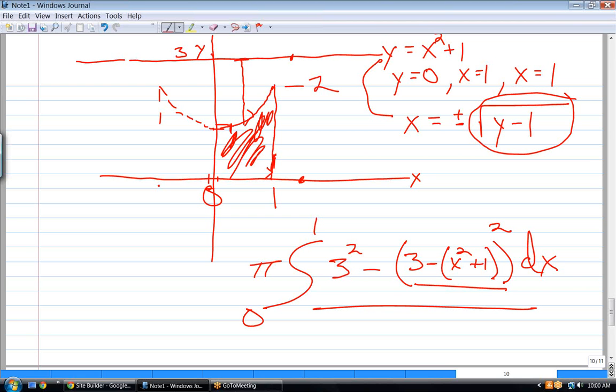Would it be just as easy to use the shell method here? Well, not really, because if you rotate this about the line y equals 3, I'm trying to picture that, how you would, I guess you could make that with shells, or could I?